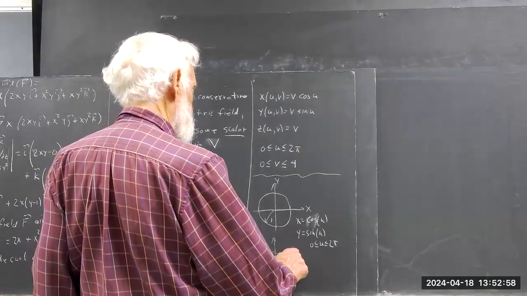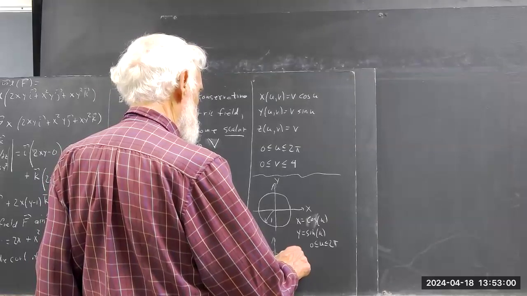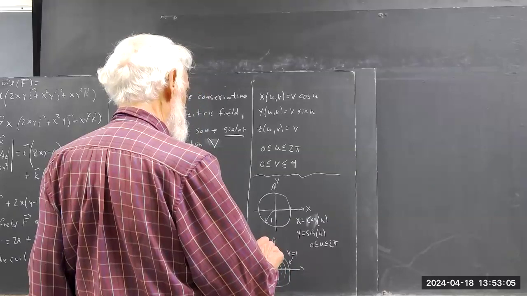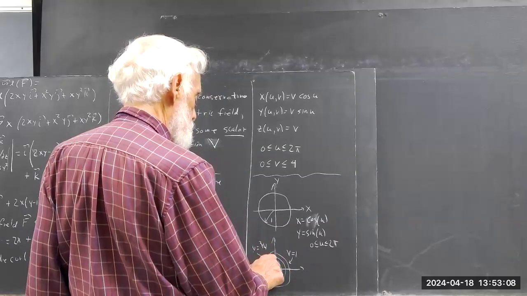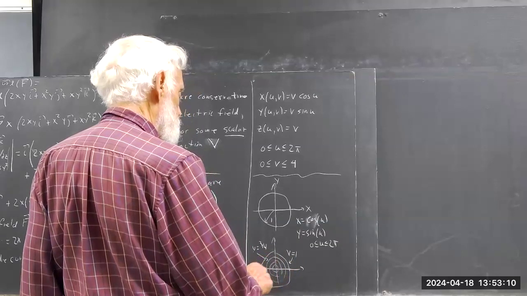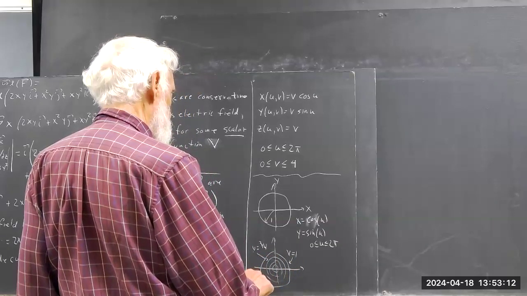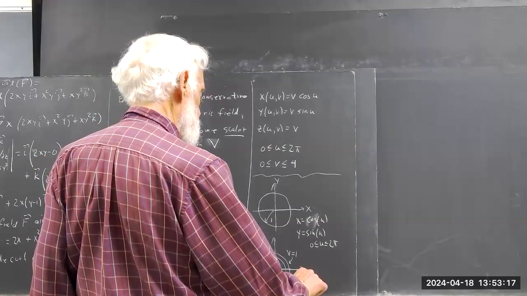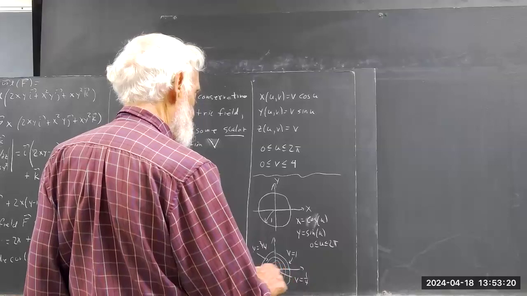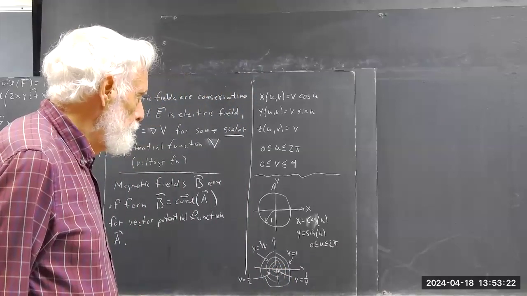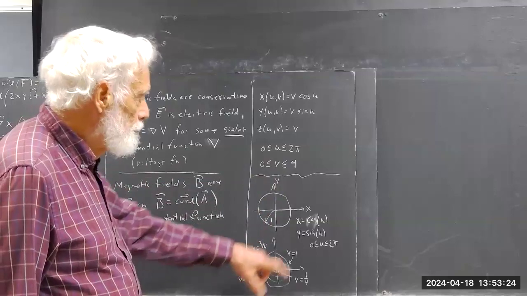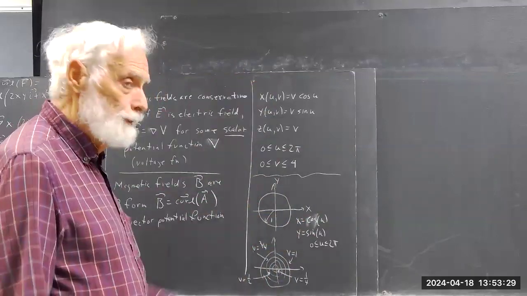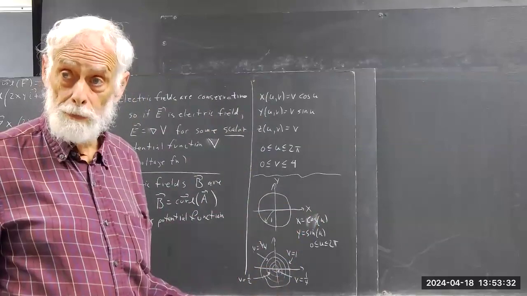So let's say that this is b equals 1, this is b equals 3/4, this is b equals 1/2, and this is b equals 1/4. If the unit circle is this, then if I multiply both x and y by b, it's going to make the circle bigger or smaller depending what b is.